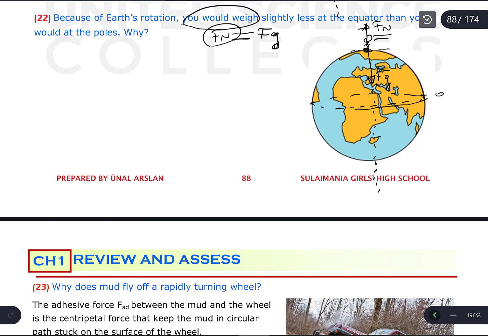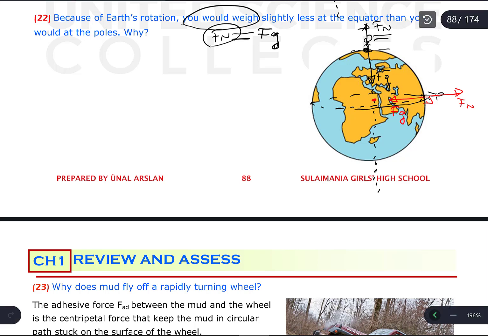If this is you standing at the equator, again two forces act on your body. One force is the gravitational force Fg towards the center of the circle, or center of the Earth. The second force is again the normal force. The normal force is always perpendicular to the contact surface. Again two forces act on your body, but this time your body is in circular motion.